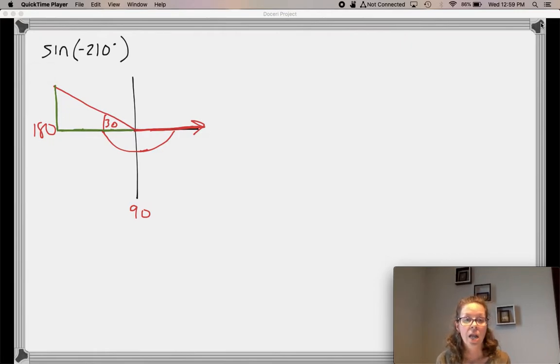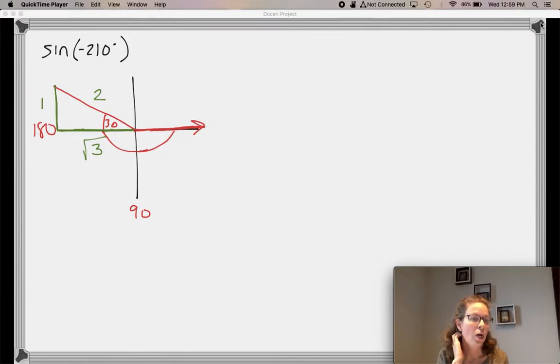Okay, now this is our 30, 60, 90 triangle. The pattern of 30, 60, 90 is across from the 30 we find a 1. On the hypotenuse we find a 2. Across from the 60 degrees we would find a square root of 3. And I didn't label the 60 degrees, but it's the one that's not 30 and not the right angle. Okay?